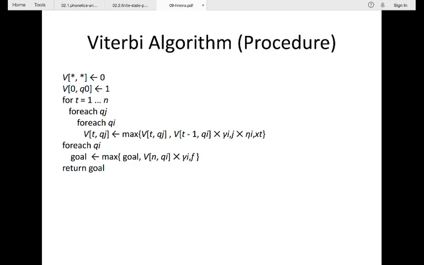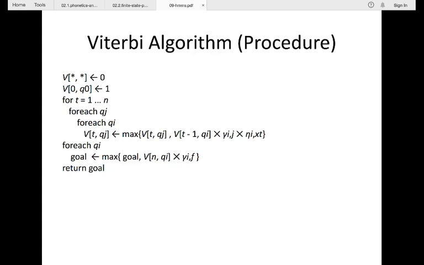So we set the cell t, qj to be the max of t, qj. So if it's high, then it might stay the same.